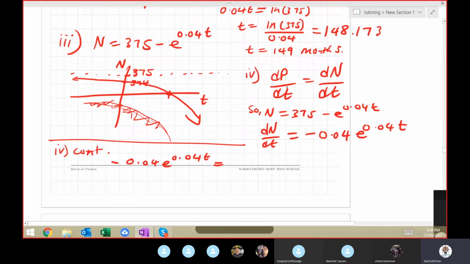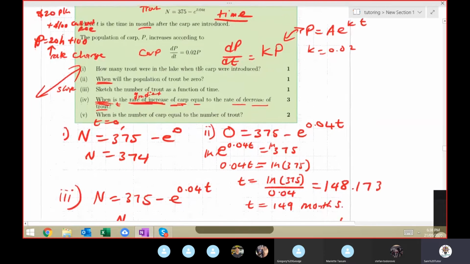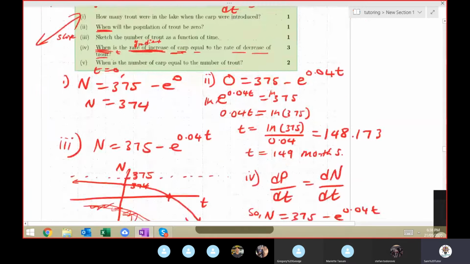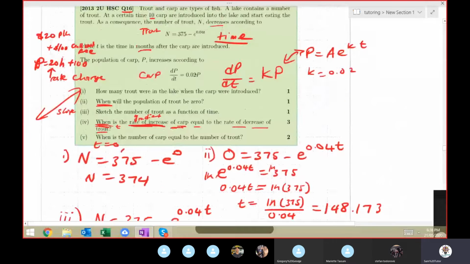dN on dt must equal dP on dt, but we're not going to use this dP on dt, right? You might as well use this one so you can have your exponential function in there. So I think, anyways, but let's have a look at it. You're going to have what? Like dP 0.02, and then times a. So P is a e^kt.